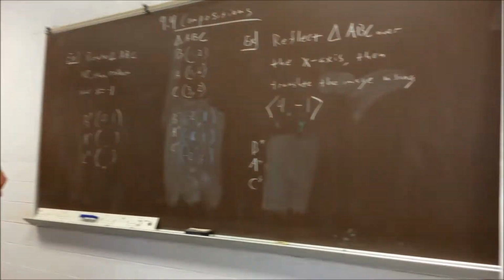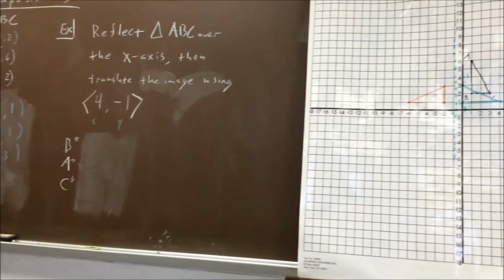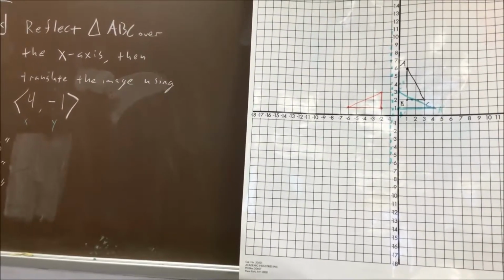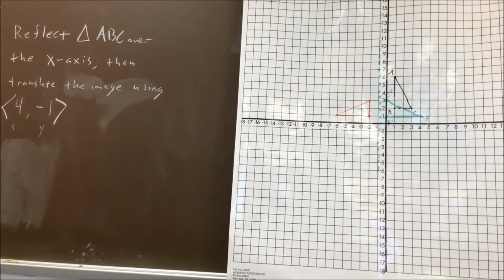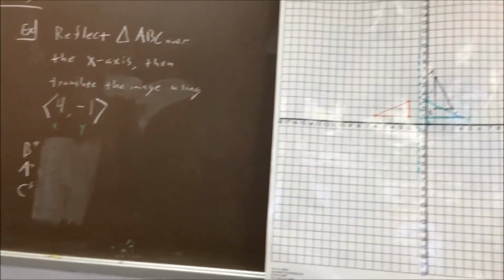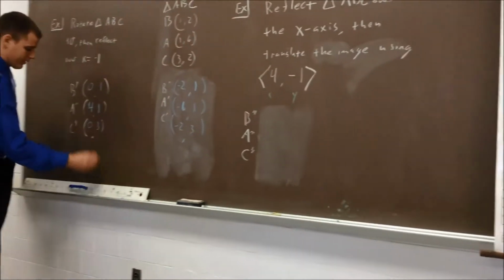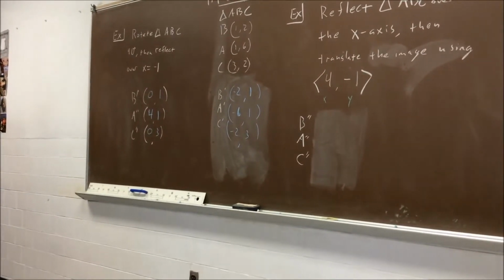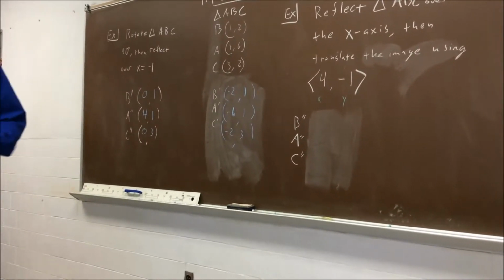A double prime is 4, 1. And C double prime is 0, 3. So this is a nice review of everything we did before break.